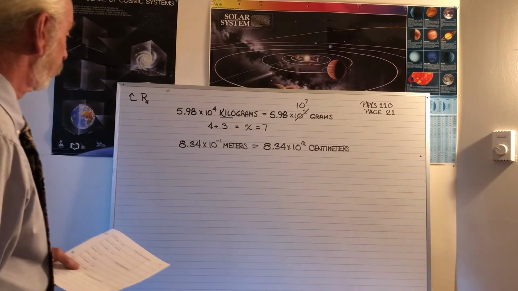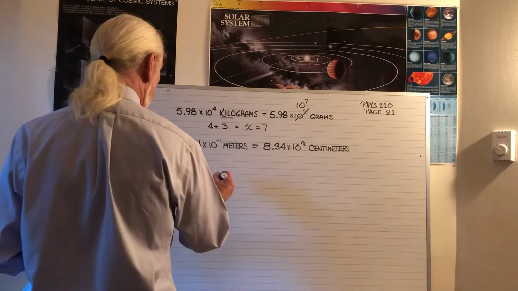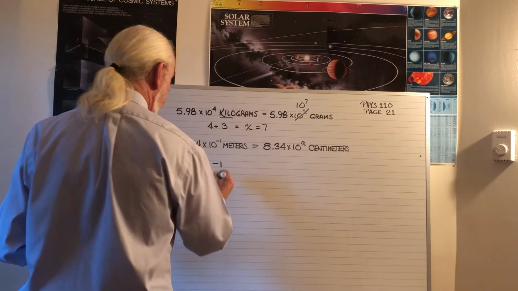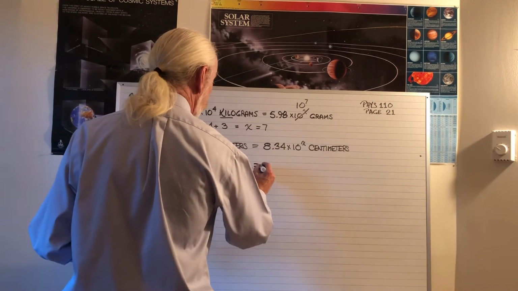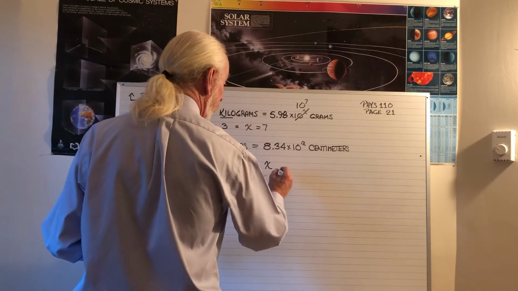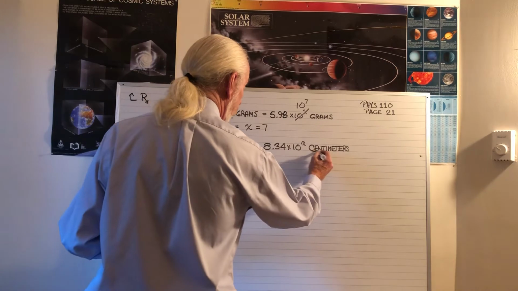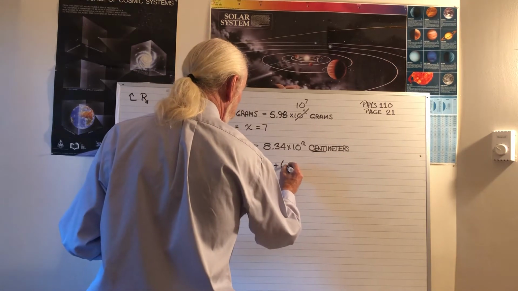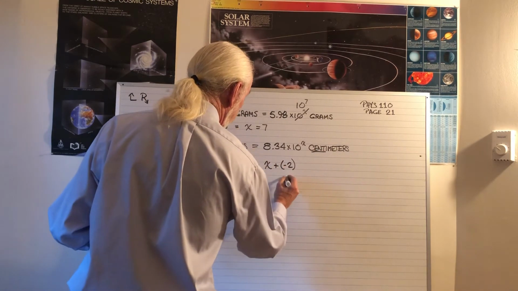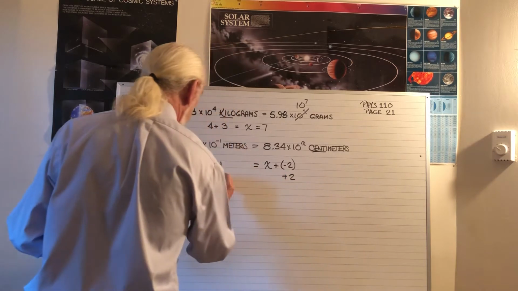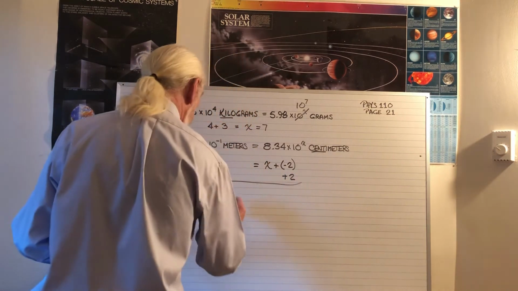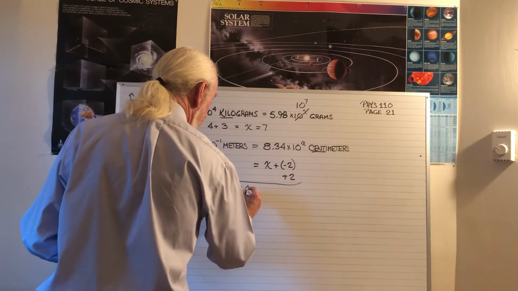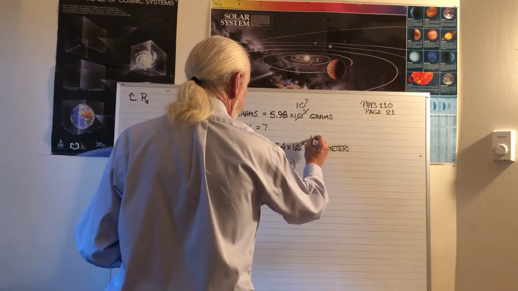So again, left to right, what have I got? Well, I got negative 1, no prefixes, equals x plus a negative 2. Add 2 to both sides. And my answer is 10 to the first power.